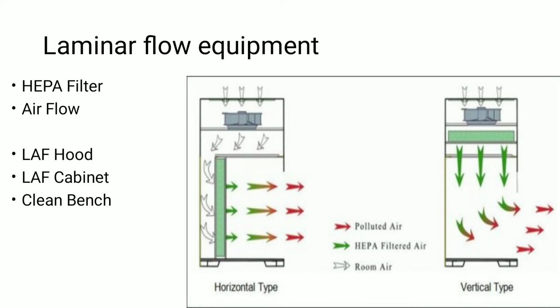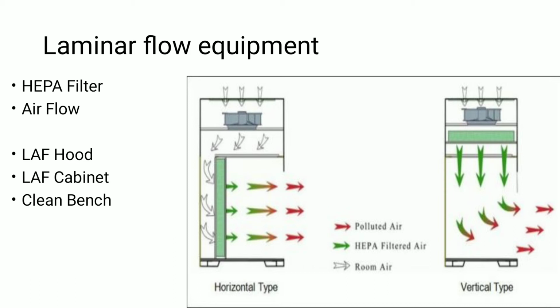The first one is horizontal type, and the second one is vertical type. So depending upon the use, depending upon the application, we have to decide whether we go for horizontal or vertical type. Generally in microbiological procedures, normal laboratory microbiological processes, we are using the horizontal type, the first one.